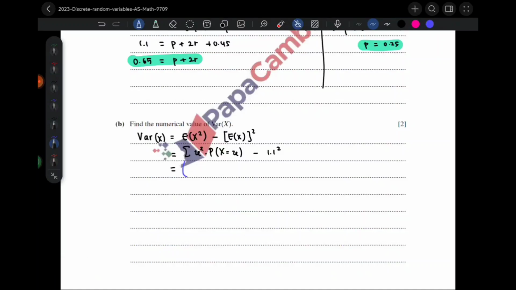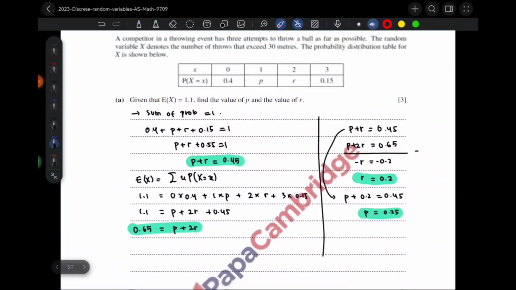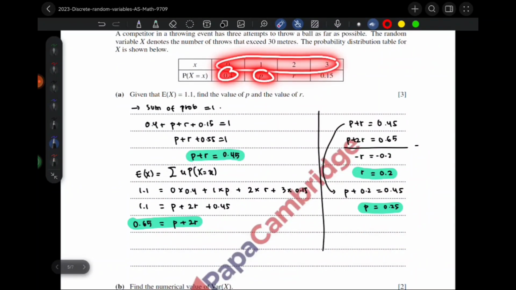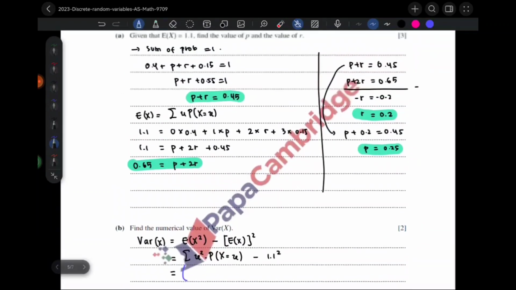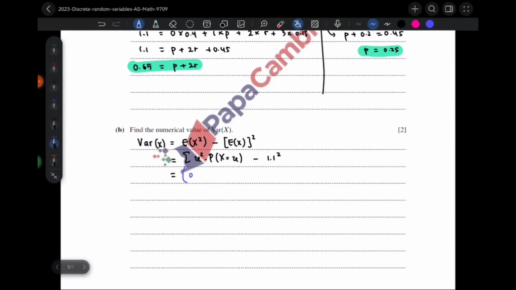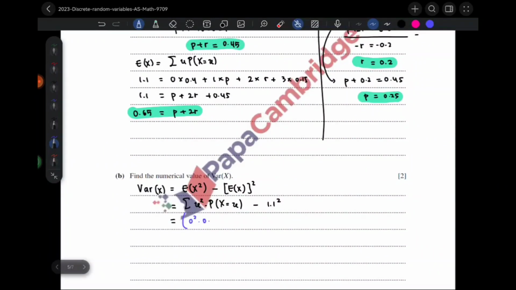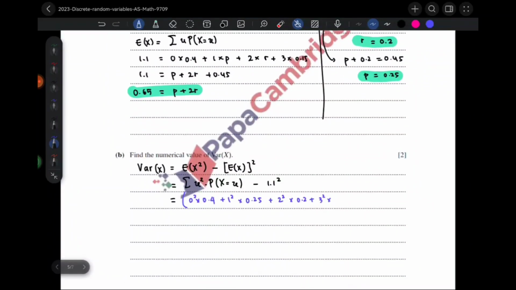Then for x squared, I'm going to square each x and multiply with its associated probability. 0 squared times 0.4 plus 1 squared times p, which is 0.25 now, 2 squared times r, which is 0.2 now, and 3 squared times 0.15, minus 1.1 squared.